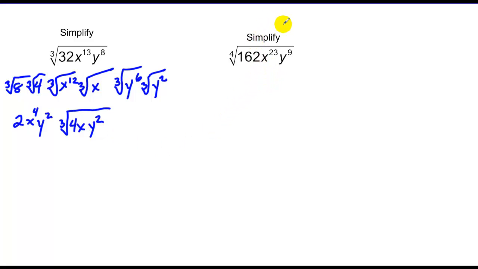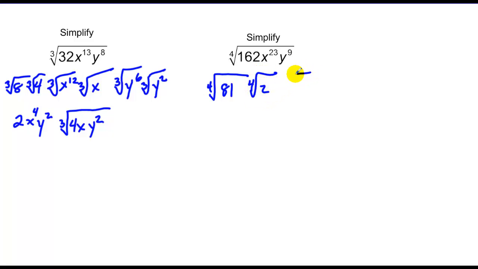Likewise, I take a look at my greatest perfect fourth, what multiplies by itself 4 times to get me 162, and in that case I'm thinking about 81, because 81 is 3 to the 4th, and then I have the 4th root of 2 left.